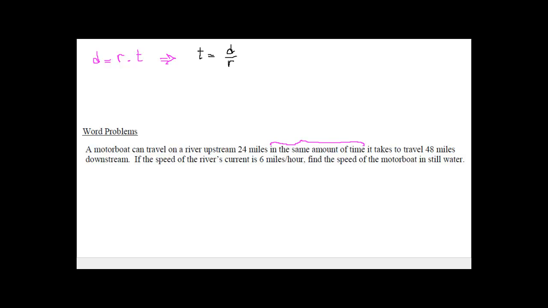So the distance that we're traveling upstream, okay, let's say this is a situation that we're going upstream.